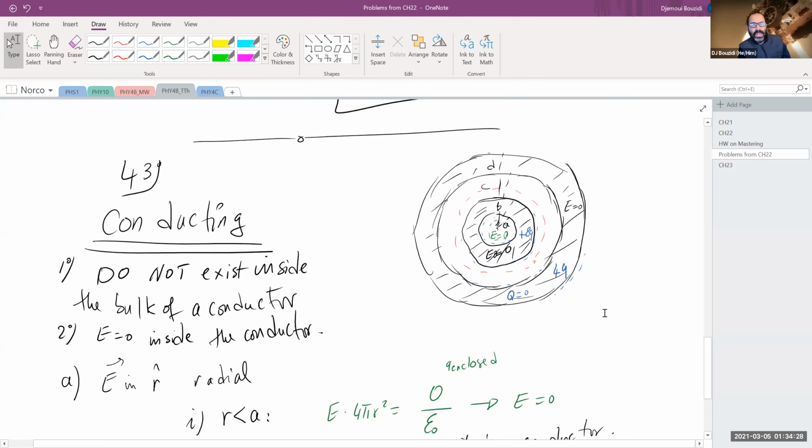Do we have any charge at all enclosed in the red sphere? No. Look at the inside, completely inside the red sphere. Do we have a charge at all?